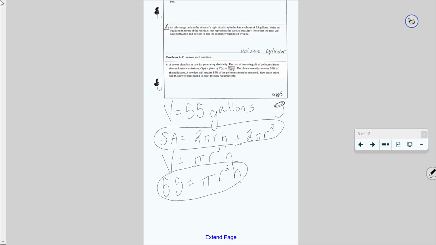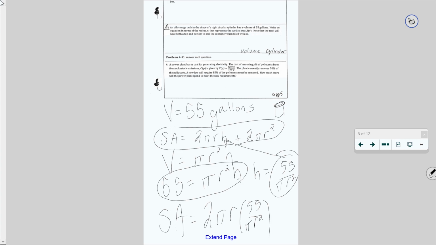This has r and an h. Solve this for, and I'm just looking at, solve it for h. So h would equal 55 over pi r squared. We're going to plug it into h. So surface area is 2 pi r h plus 2 pi r squared.